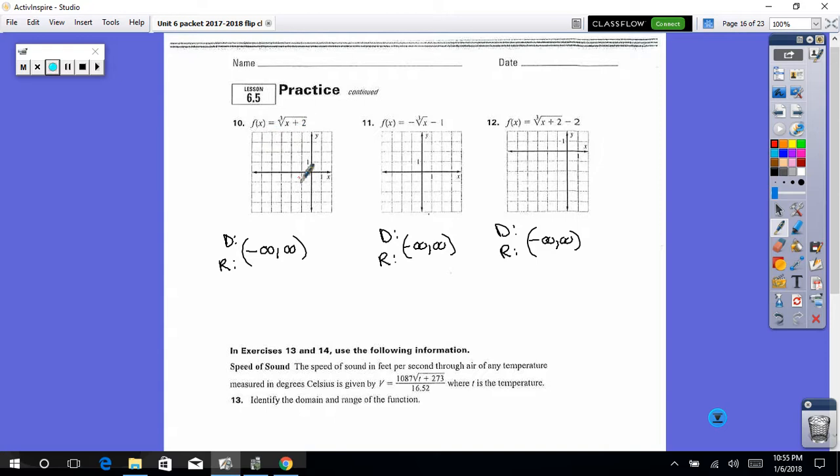Number 10 went to the left 2 units. Starting low, ending high. Important to remember about the cubed root, especially when this guy is next. Okay, this one moves down 1 and he is flipped, so he starts high and he ends low.